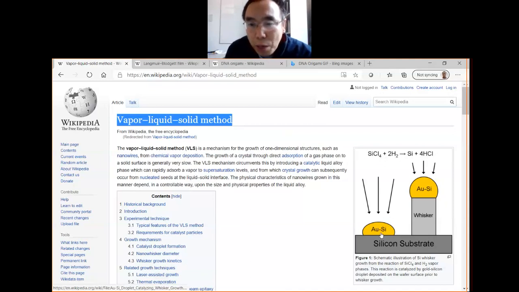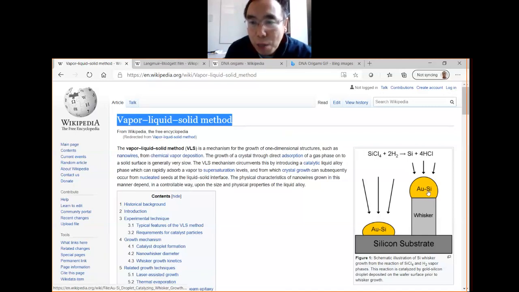But in this case, we have the gold. Gold is the catalyst. Then at a lower temperature, like 200 or 300 degrees, or maybe 400 degrees, this chemical reaction will occur. When you have this chemical reaction, the silicon will come into this liquid drop. Then we have too much silicon, so the silicon becomes super saturated.